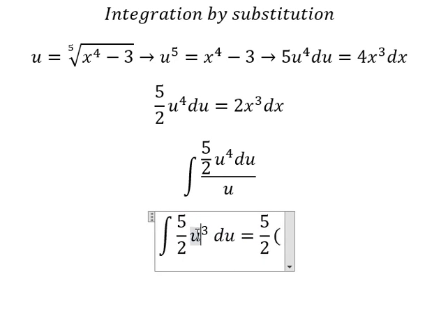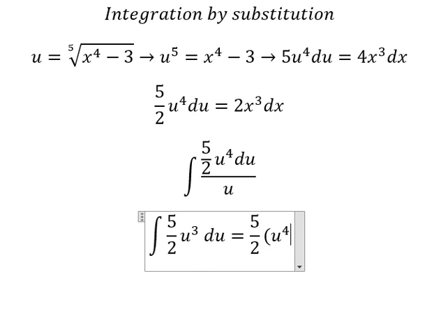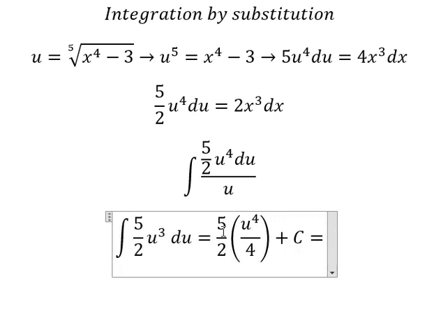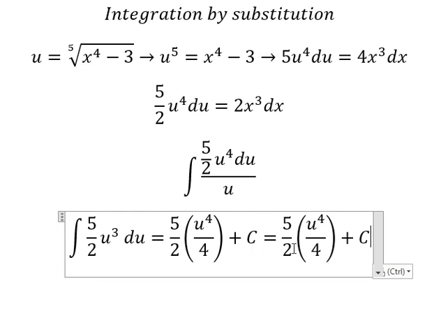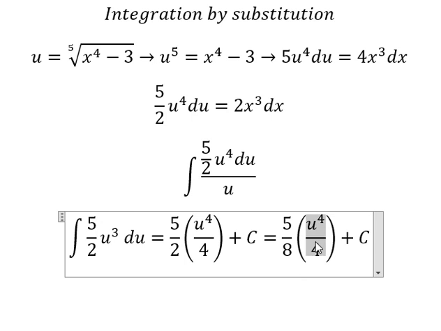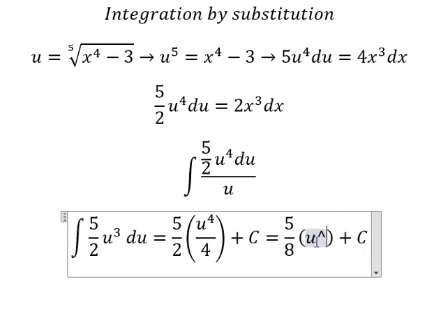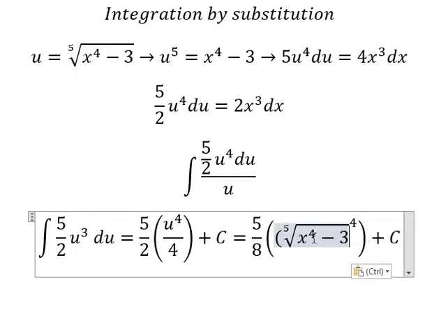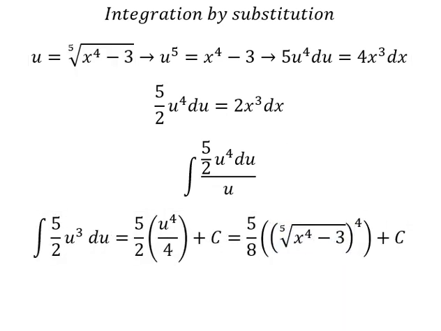The integration of this one, we have u to the power of 4 over 4, and then we put c. So number 2 and number 4, we have number 8. About u, that is this one. And this is the final answer.